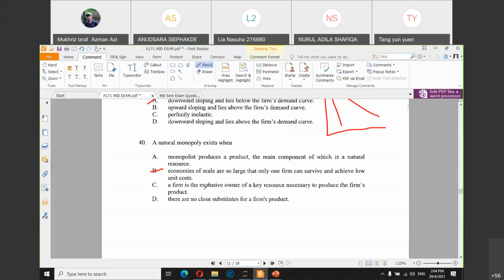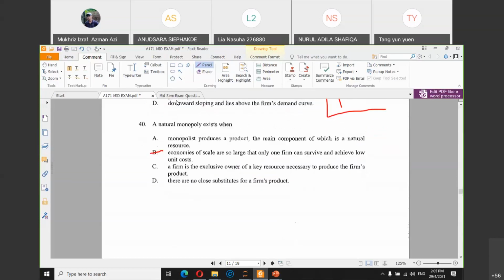C, exclusive ownership, is the reason for a barrier to entry, why other companies cannot join the market, but that is not the reason we call it a natural monopoly. It is a natural monopoly because the business by its definition needs a very large capital.